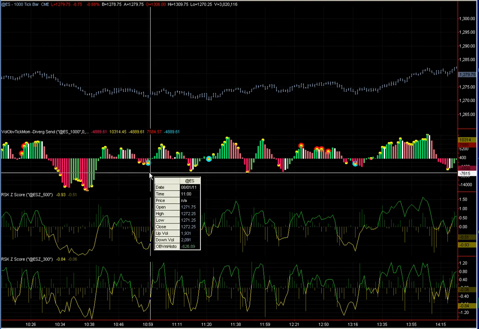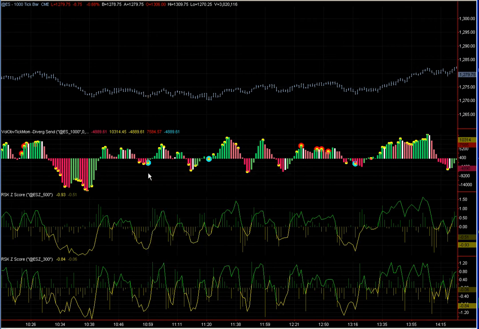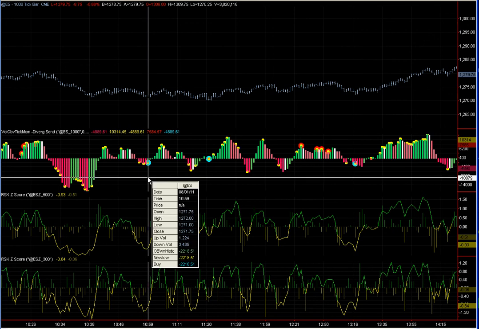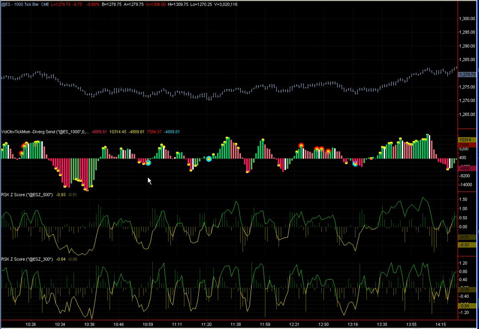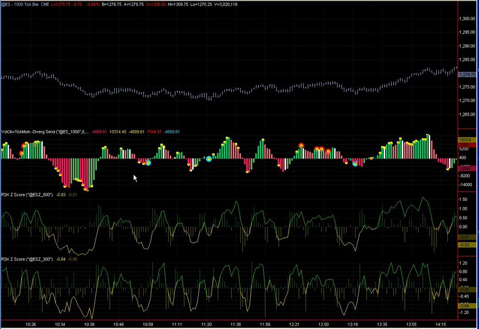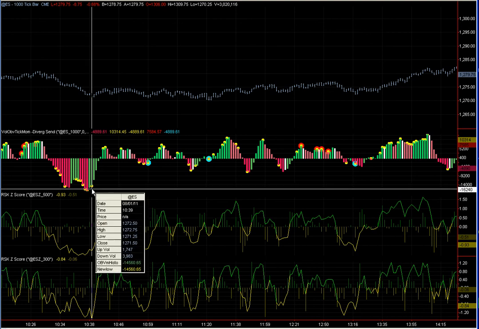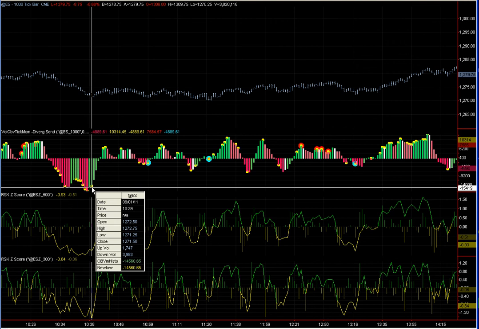If the Spoos are hitting a new low and the volume is hitting a higher low, we have a divergence. The volume that we were comparing this to occurs right here. This is where the Spoos have hit a new low. We record the volume at that time.